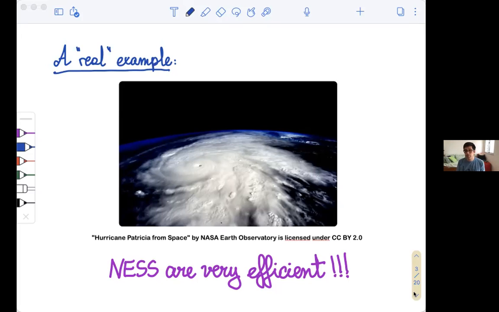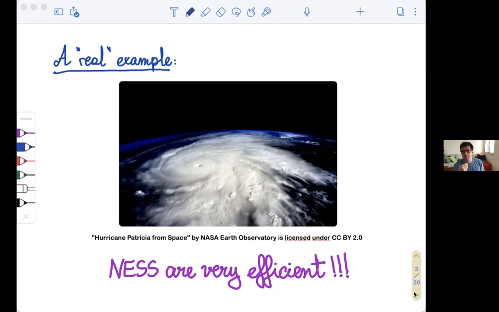And it turns out that non-reversible Markov chains, so Markov chains on which there is some drift somehow, tend to be much more efficient than reversible Markov chains in order to simulate a target measure.